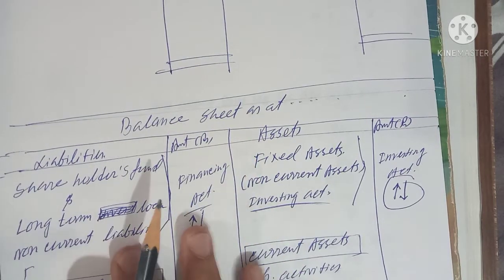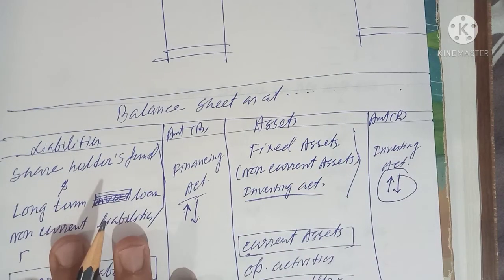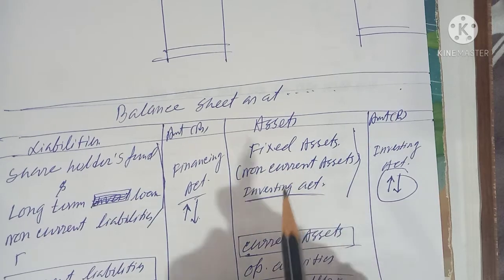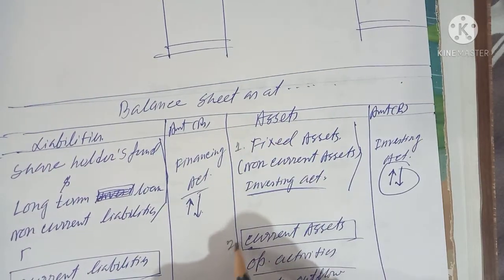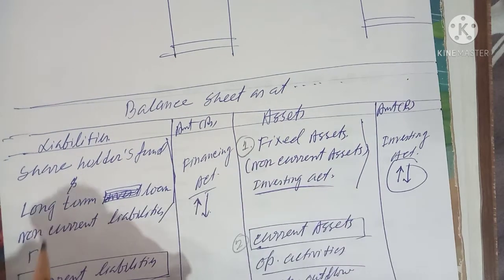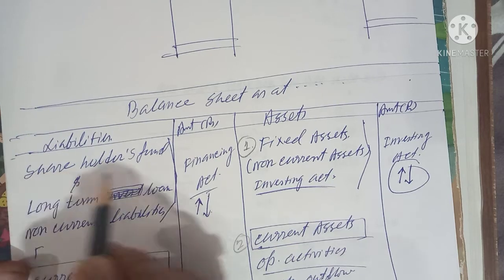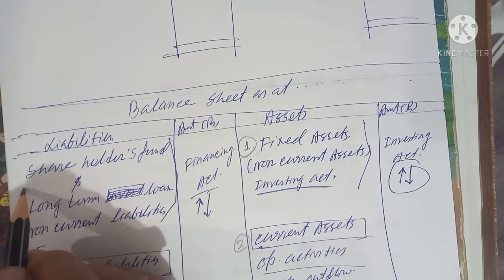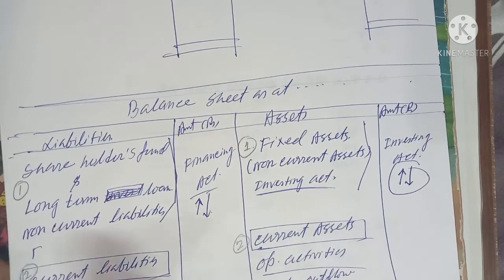Every one of you knows that in the balance sheet, the right hand side is the assets and the left hand side is the liabilities. On the asset side, generally two types of assets come: the fixed assets and the current assets. And on the other side also two types come: equity and liability, where the shareholders' funds, long term loan or non-current liability come, and the current liability.